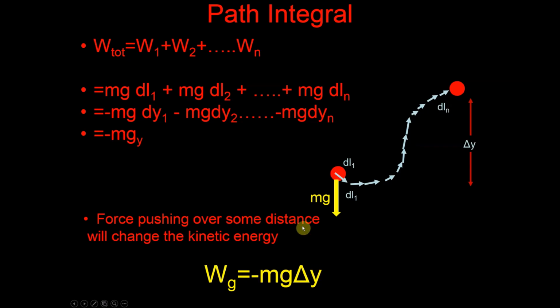So the force pushing over some distance will change our kinetic energy, and this is the work done by gravity: mgh, as the height is often written, or in this case mg delta y. All that matters here in terms of our force and our displacement, as we saw with the man carrying the case, is our force of mg and our overall displacement delta y in the same direction as the force. All of the other elements which are not in the same direction essentially give us 0.